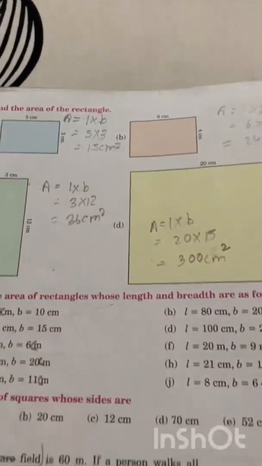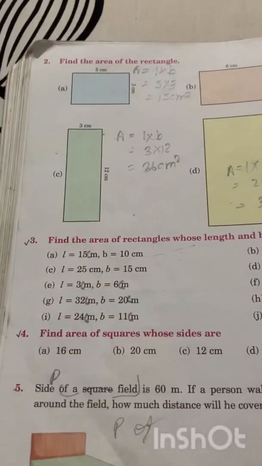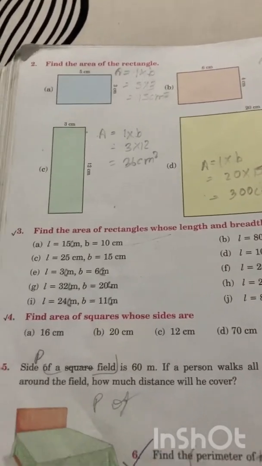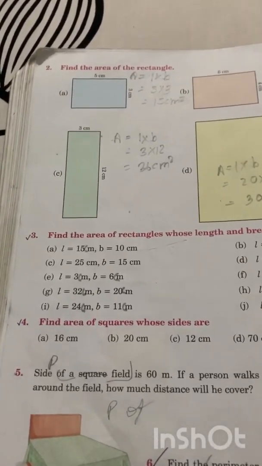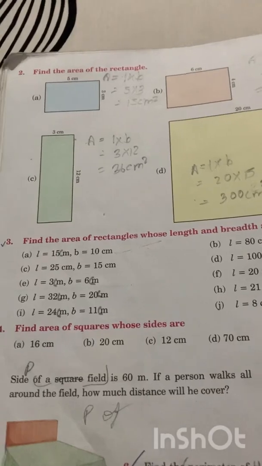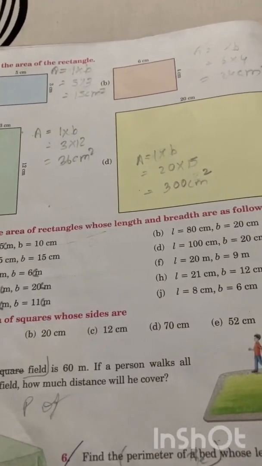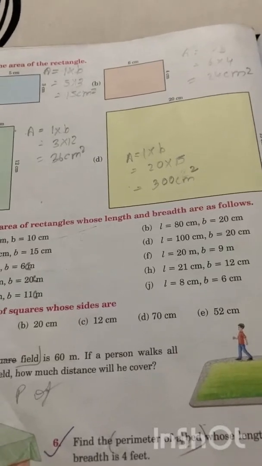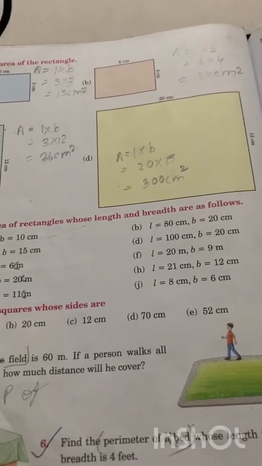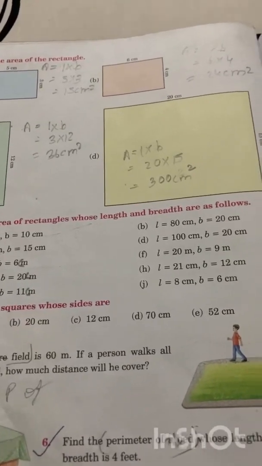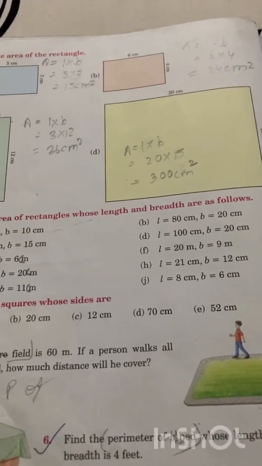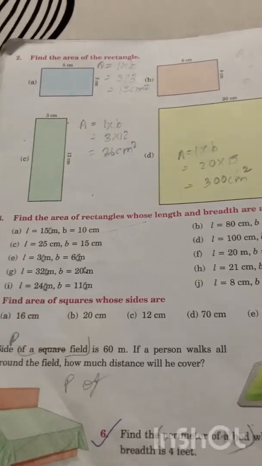Now come to the next one. This is our question number 3. What is our question number 3? Find the area of rectangle whose length and breadth are as follows. So here length and breadth are given, and you have to find out the area.